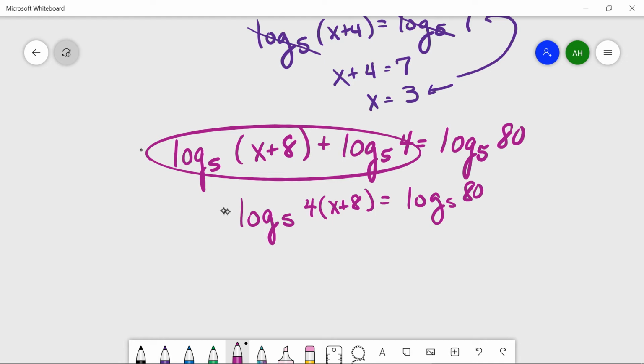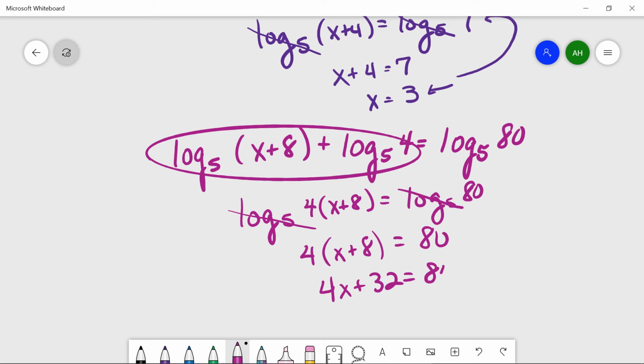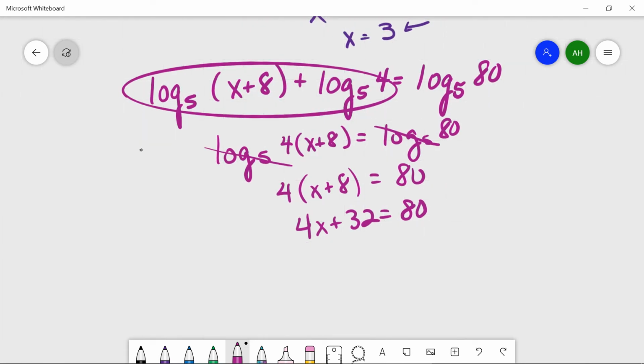Now I can cancel the log base 5s out, and I get 4 times x plus 8 equals 80. Go ahead and distribute, and I get 4x plus 32 equals 80. 4x equals 48, and x equals 12.